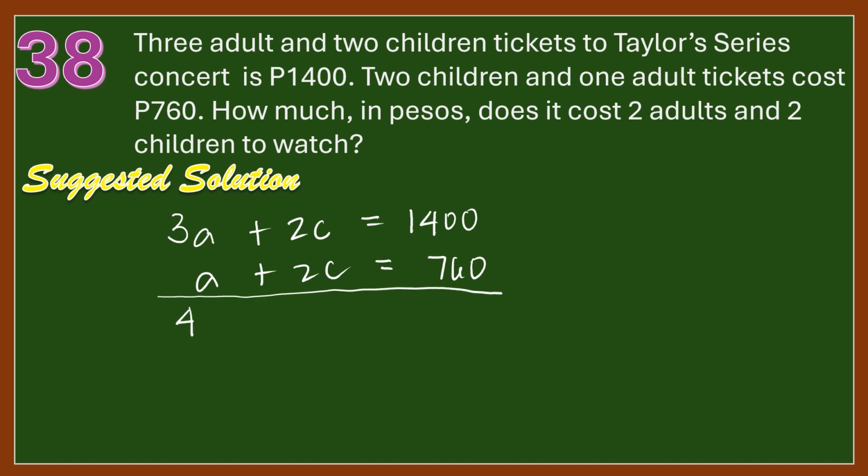Then we have 4A plus 4C equals 2,160. Since we're looking for the cost of 2 adults and 2 children's tickets, we'll just divide all terms of this resulting equation by 2 so that we get 2 adult tickets, 2 children's tickets.